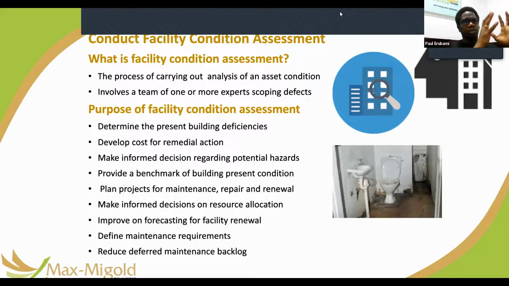And then you have the defects, the scope of work to fix those defects, the costs for fixing that scope of work, and the time it will take to execute that work. So when somebody is giving you a facility to start managing or maintaining, the condition assessment is actually the first thing, because that helps you to fine-tune your own maintenance program.